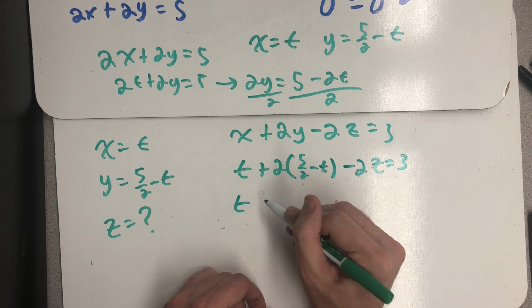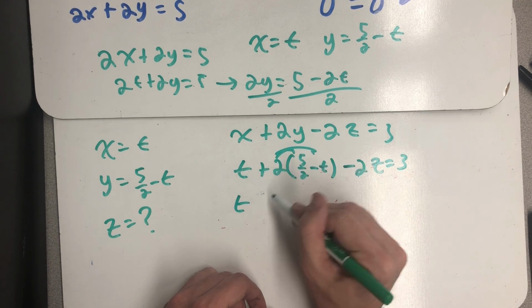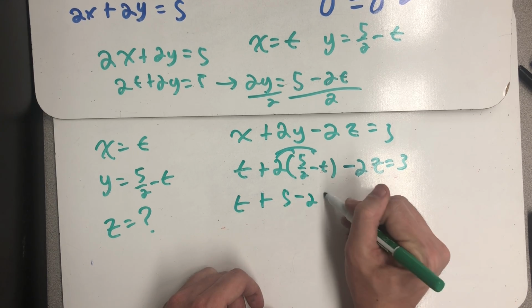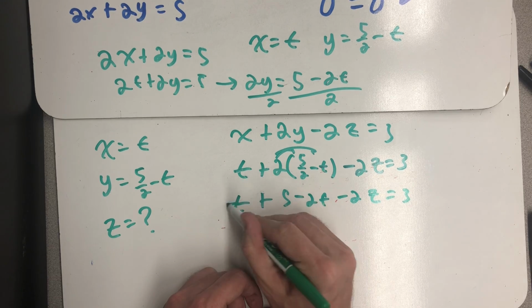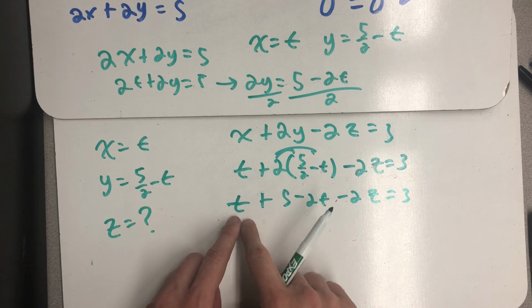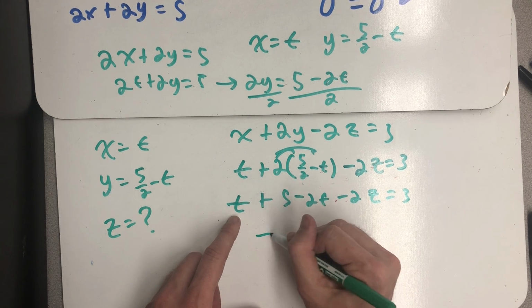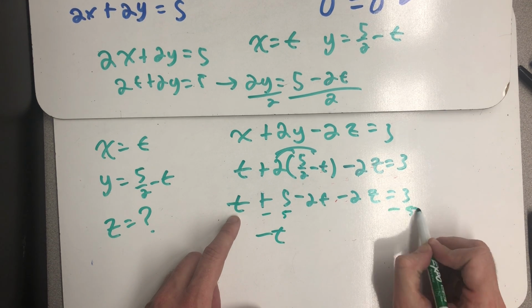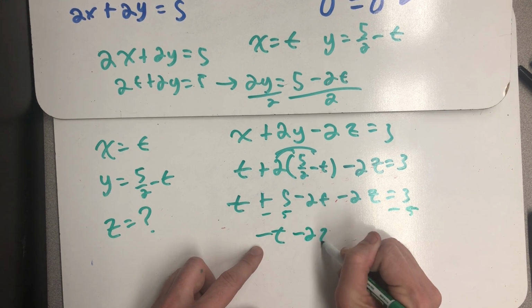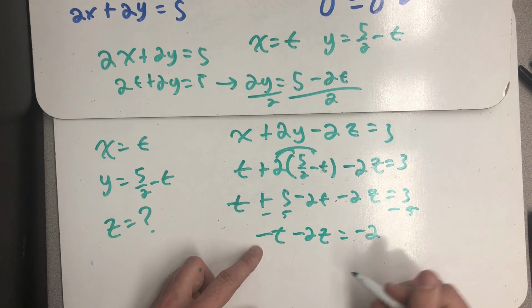All right, t, distribute this 2, plus 5 minus 2t minus 2z is equal to 3. Let's combine our like terms. t minus 2t is a minus t. Let's take 5 away from both sides. So I have minus t minus 2z is equal to minus 2.